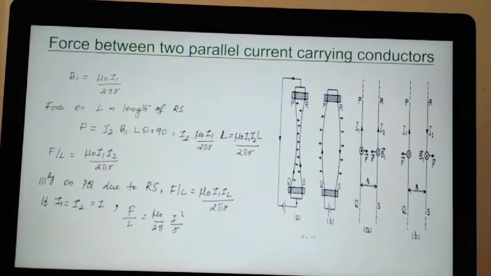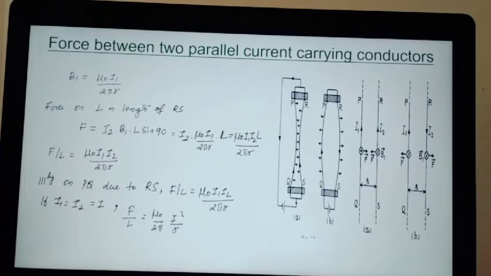See the diagram. In the diagram you can see the same situation denoted as A. Straight conductors are there. PQ and RS are two parallel conductors with the currents I1 and I2 respectively. That means PQ carries a current I1, RS carries a current I2.